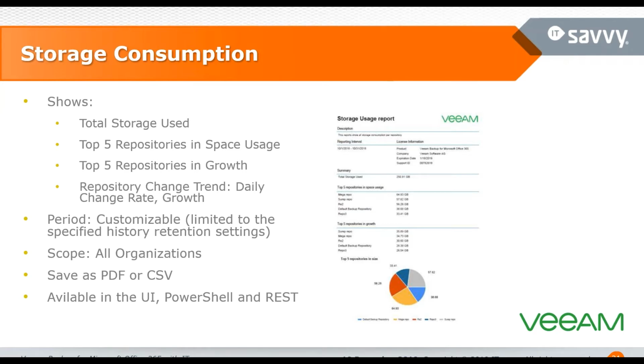Because of this, there is a storage consumption report that looks at the different repositories you have made, and we're able to look at growth rates, change rates, and what you're doing in usage. The idea is to help you budget for potential cloud consumption, as well as maybe needing to purchase additional storage on-prem if that's how you're choosing to store it.